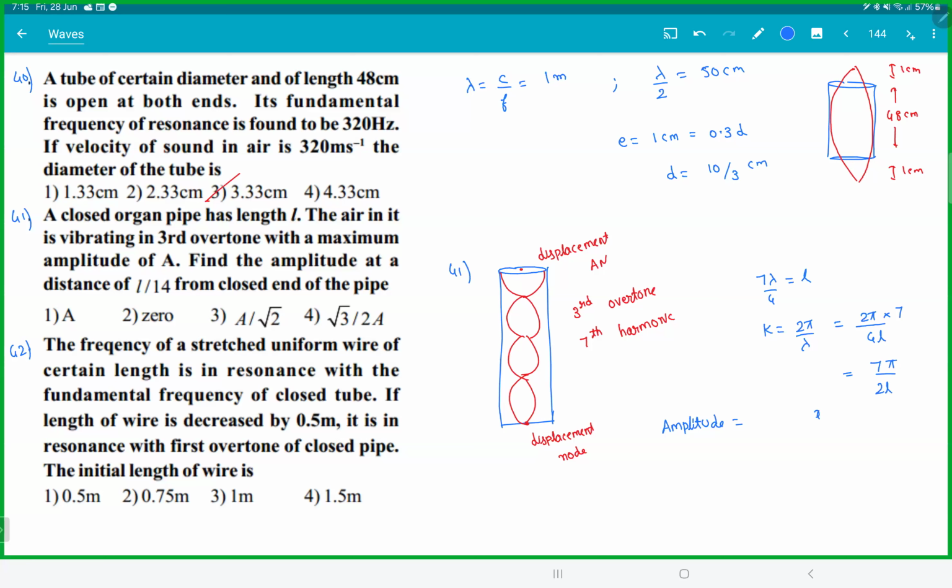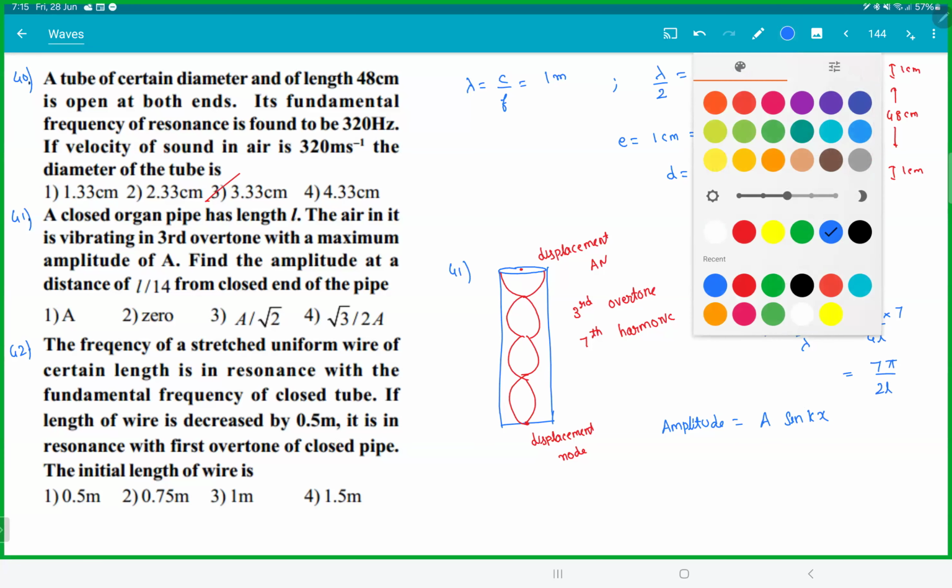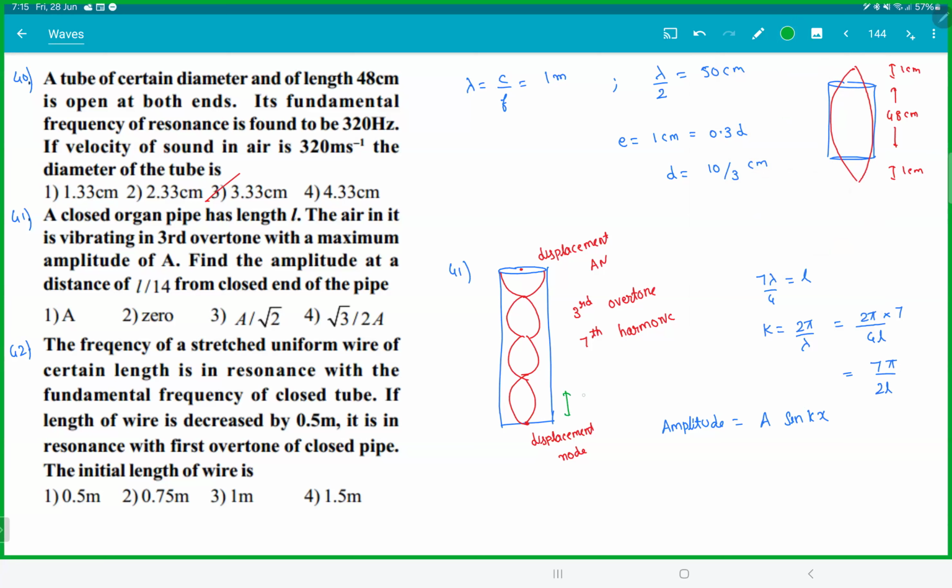But I think here the maximum amplitude is given as a, so a sine kx. You want a distance L by 4 from the closed end. So a sine of k, which is 7 pi by 2L, into L by 4. That becomes a by root 2.